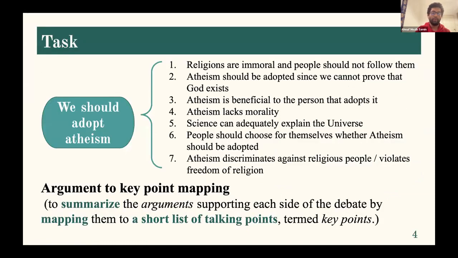So the task is argument to key point mapping, and it is about summarizing the arguments supporting each side of the debate by mapping them to a short list of talking points, and we call them key points. So, for example, we have 7 arguments, and instead of these arguments, we can just use a short key point.